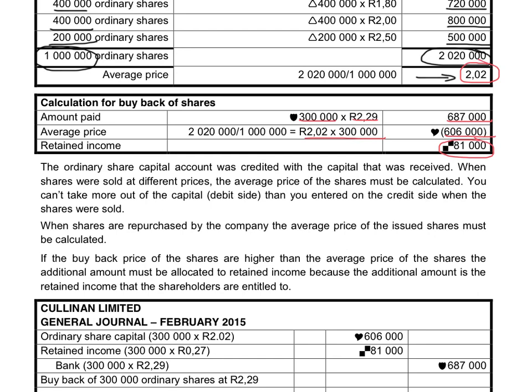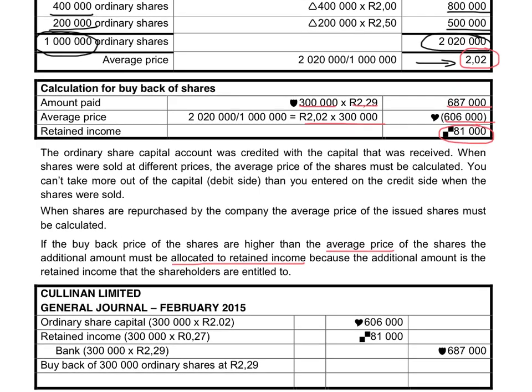If the buyback price of the shares is higher than the average price, the additional amount must be allocated to retained income. In previous years some of the profit was kept back in the business and recorded as retained income, but actually that retained income belongs to the shareholders. So they're entitled to get their share of the retained income.